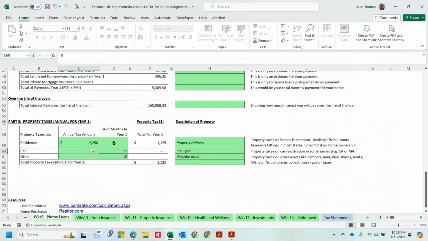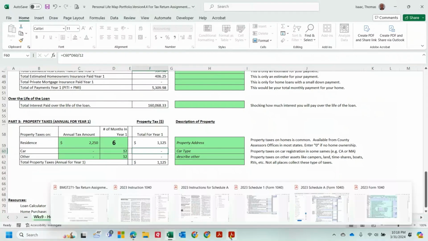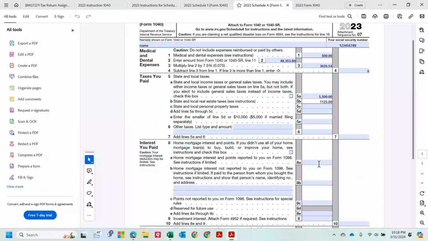And it's usually only if it's a new car and it would amount to a couple $100. So if you had that, you would take whatever amounts here. Since that's a rare occurrence, I'm not going to fill anything in there. So coming back to our Schedule A, that means that's going to be 0.